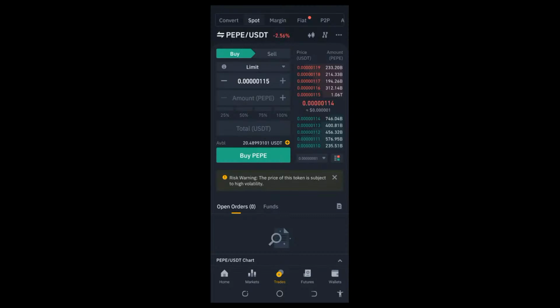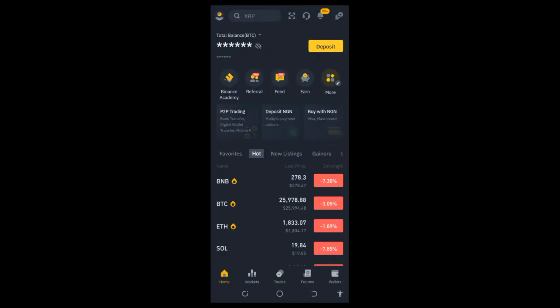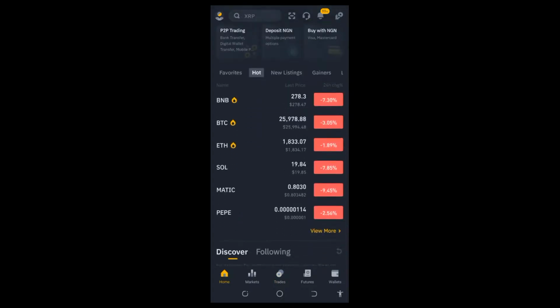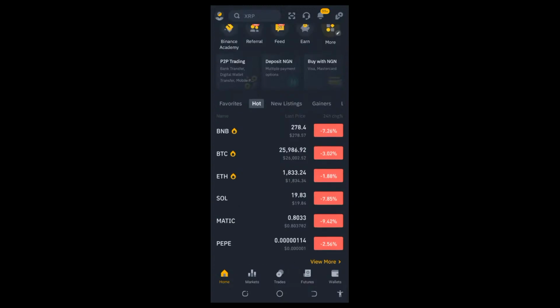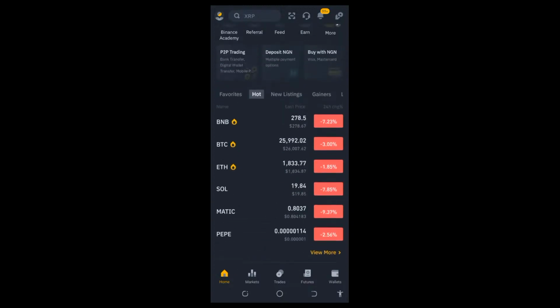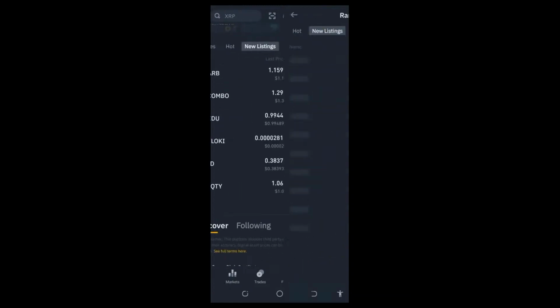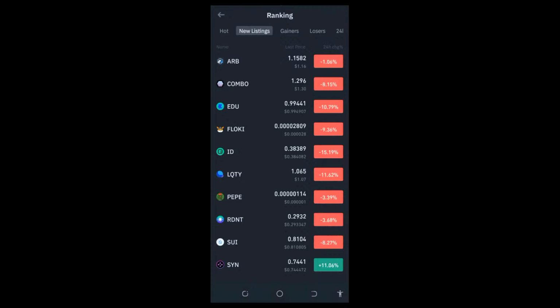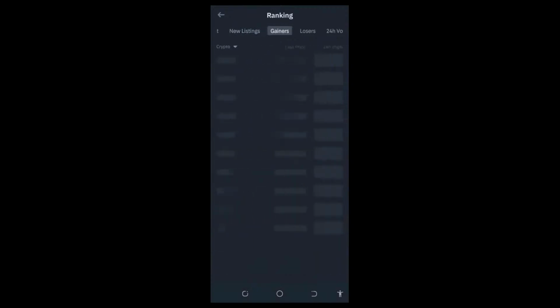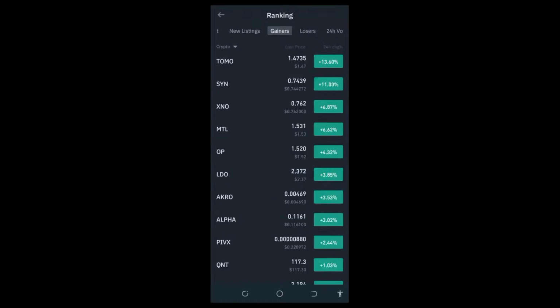But when I went back to check the status, I saw it was amongst the losers. Normally you should go to what's currently on hot. If you look at it on new listings, you might find it somewhere there, because Pepe is on the new listings, but it's not high up. It's just somewhere down. If you look at the gainers, I don't think it's there for now.